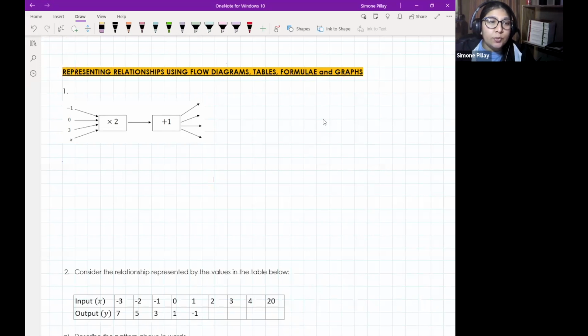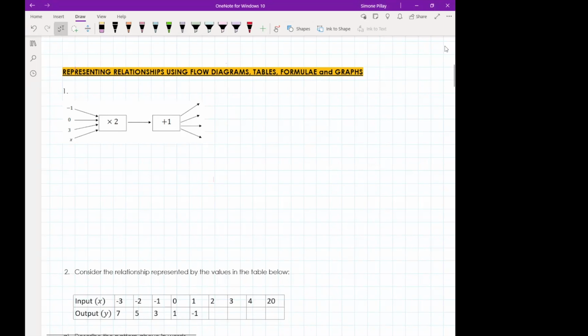I'm not going to spend too much time explaining as much as I'm going to spend time answering the questions. So anybody want to help me fill out the answers to this flow diagram? Immediately, yes. Hi, ma'am.